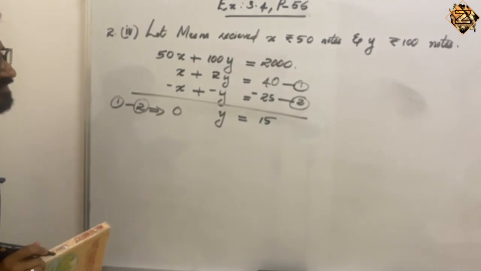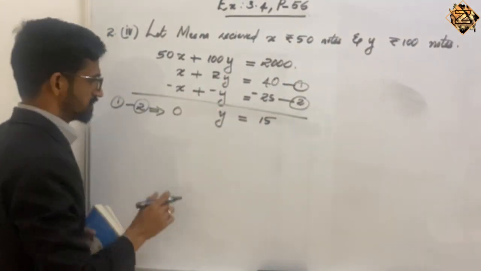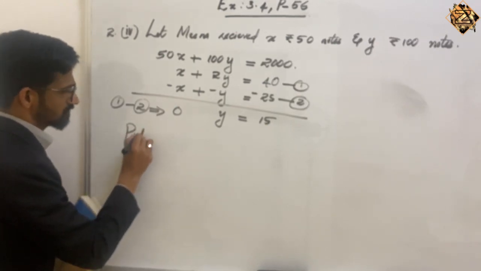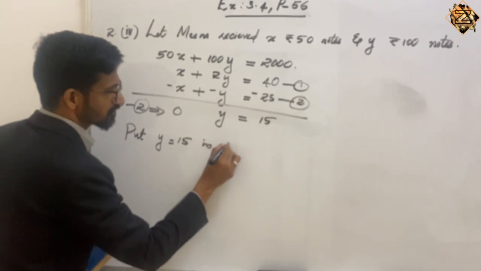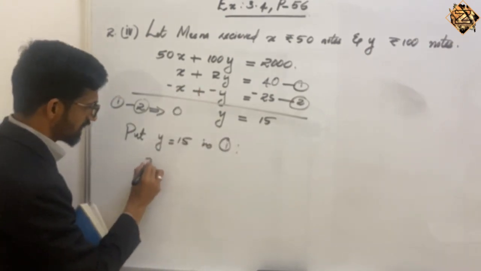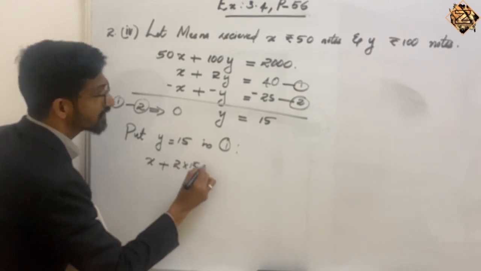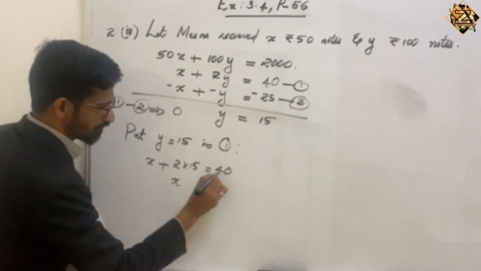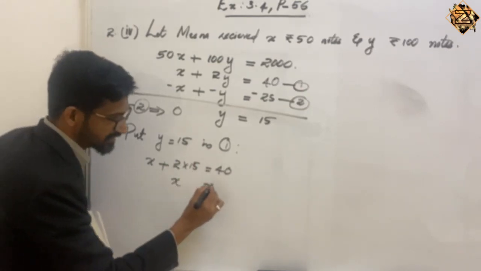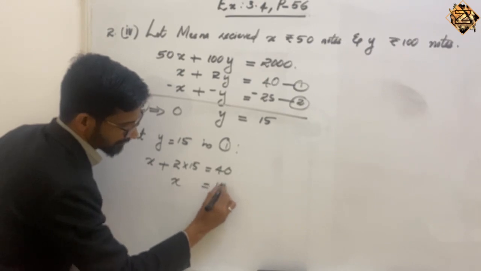Now we will put this value of y in any of these equations. Put y equal to 15 in equation 1. We get x plus 2 into 15 equal to 40. Therefore x equals 40 minus 30, that is 10.